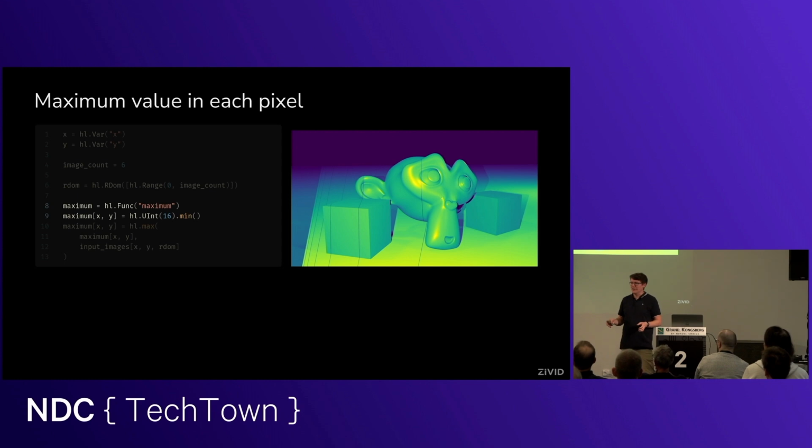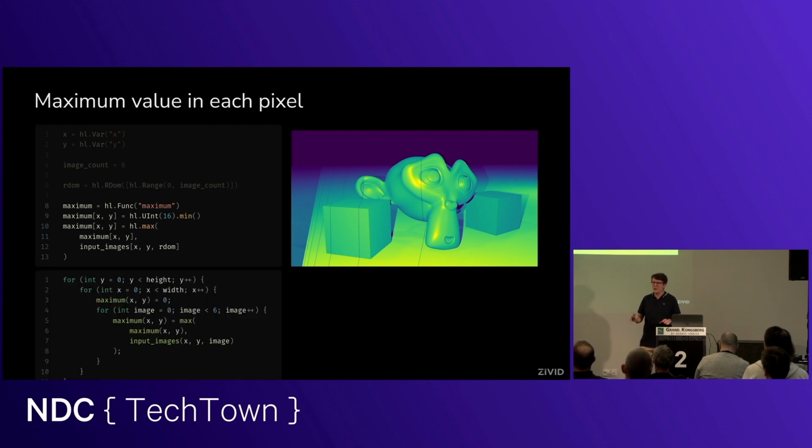But that's the initial value here. We set the maximum to 0 first, and then we compute the maximum value by using the max function and giving it the previous maximum value and the input images, where the last index here is this reduction domain. And that's how you tell Halide that I want you to perform a reduction on this for the computation.